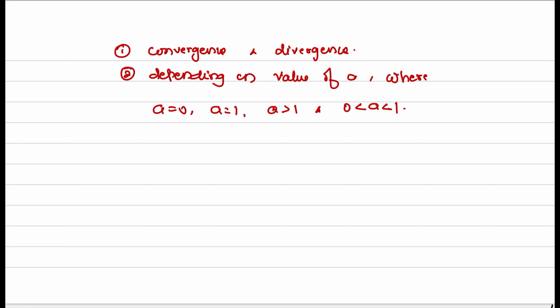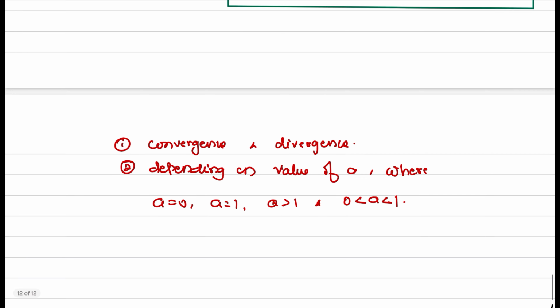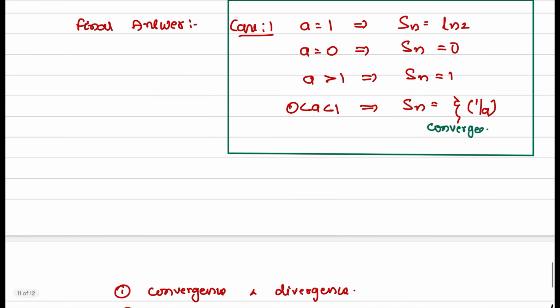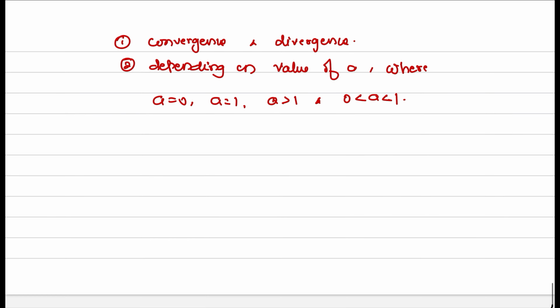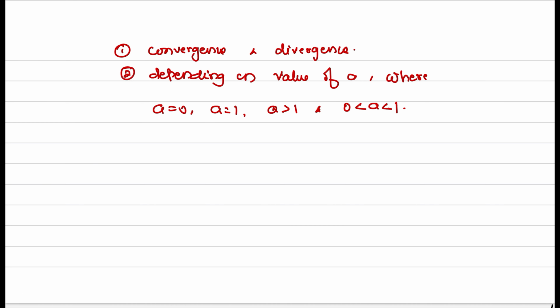These conditions are tested, and for some conditions we found the finite value. For some conditions we can't get the finite value, but we have got the zeta function, and for the last value also, the sum converges to a certain value.